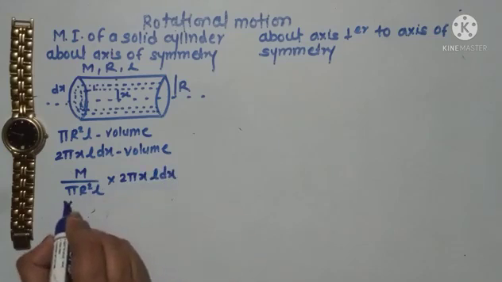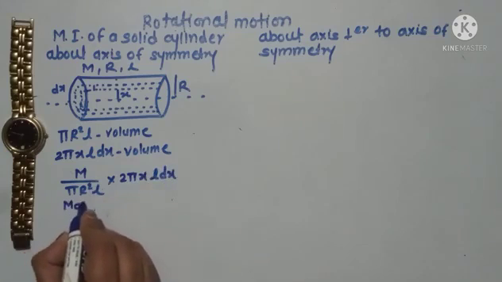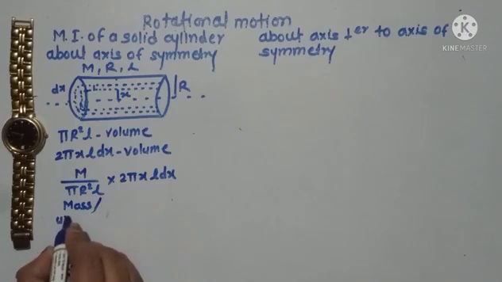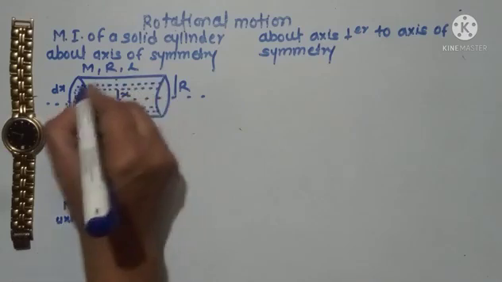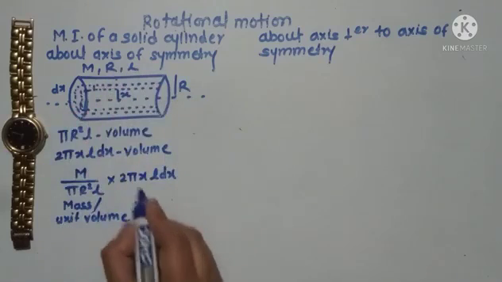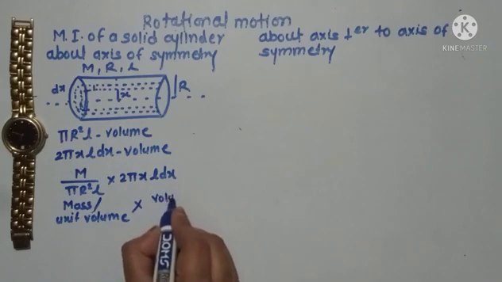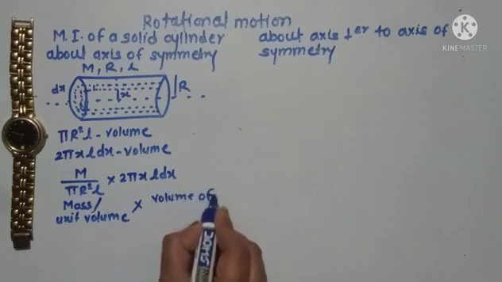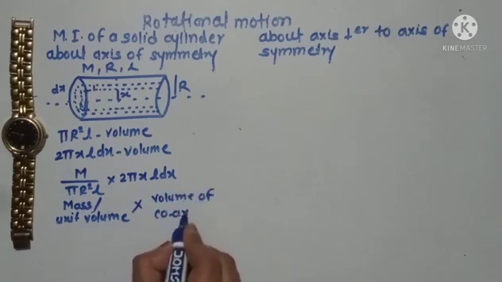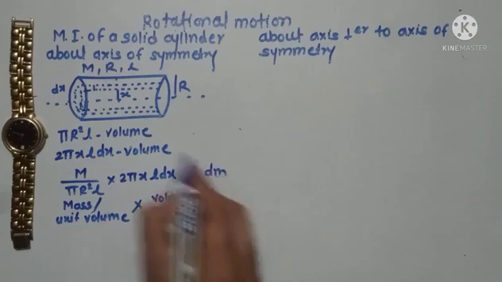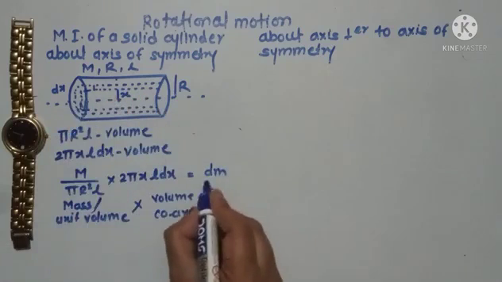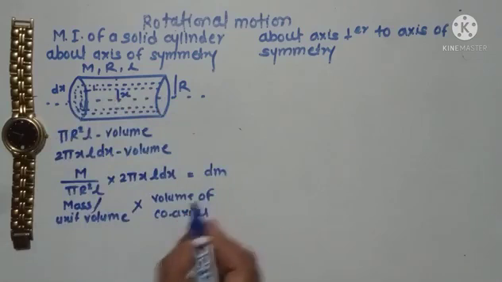So this is the mass per unit volume of this total cylinder, multiplied by the volume of the coaxial cylinder. That is going to give me the mass of the coaxial cylinder, which we have considered as dm.